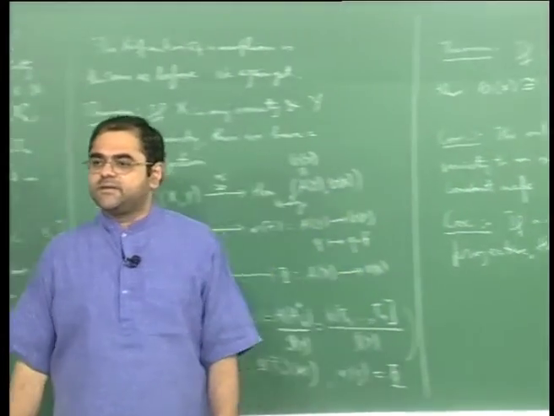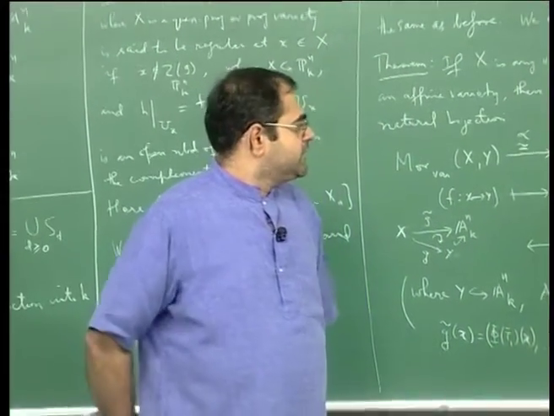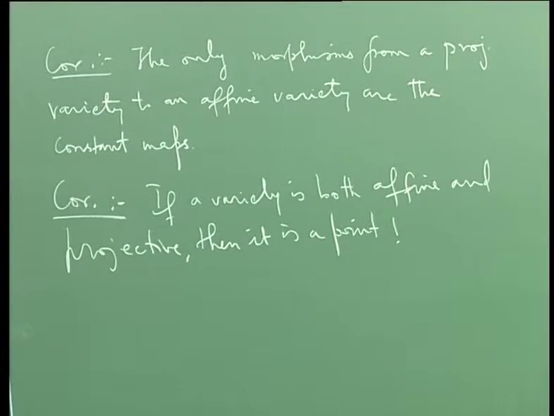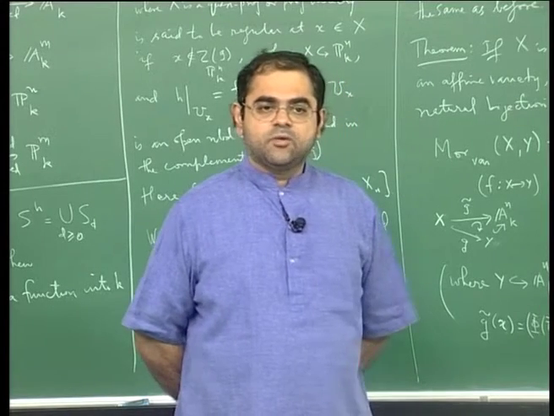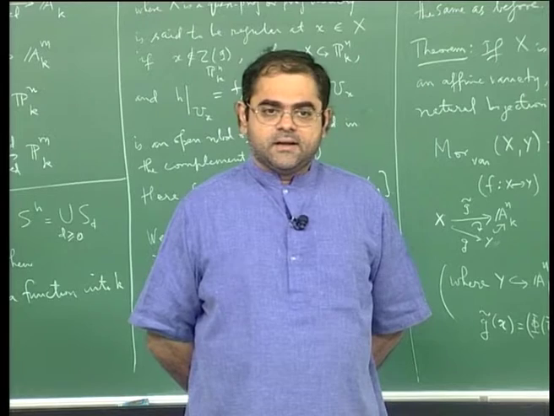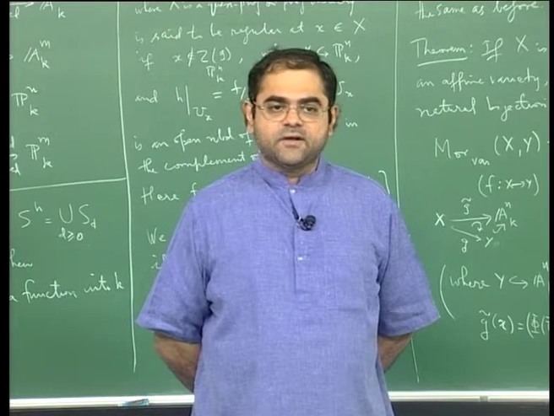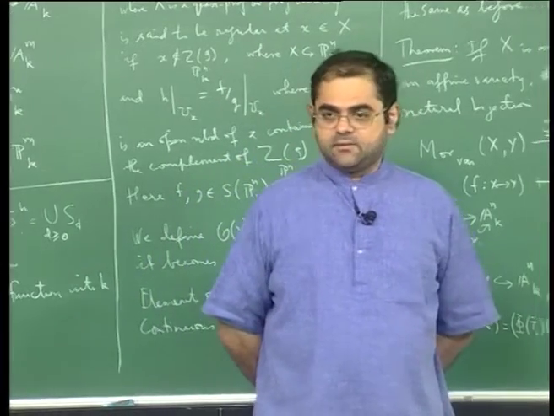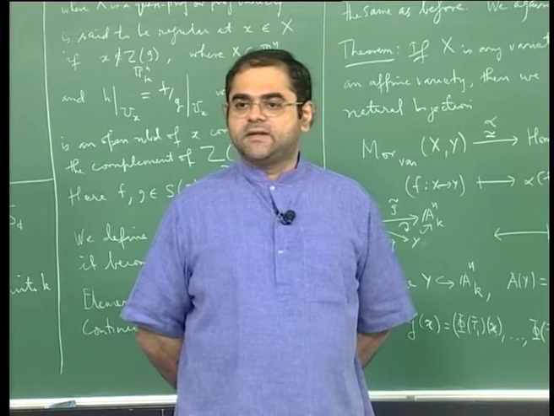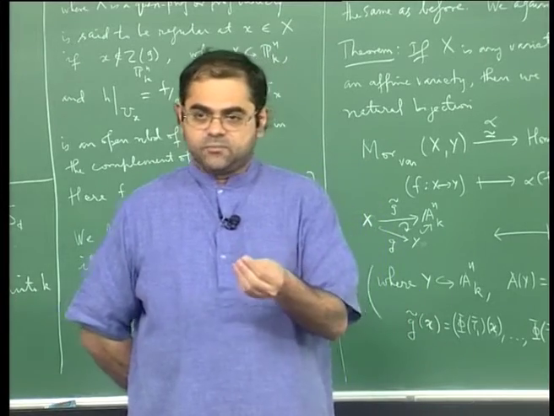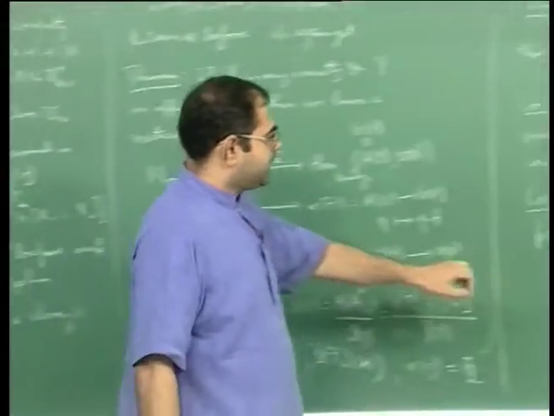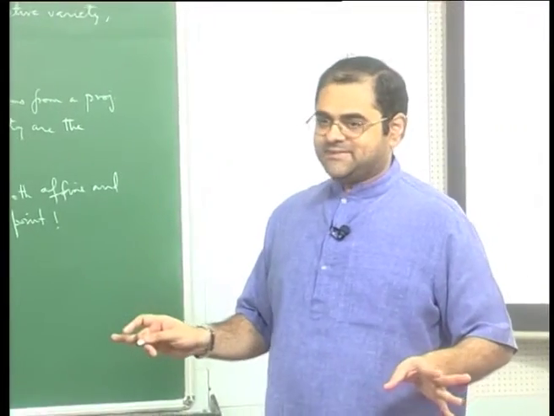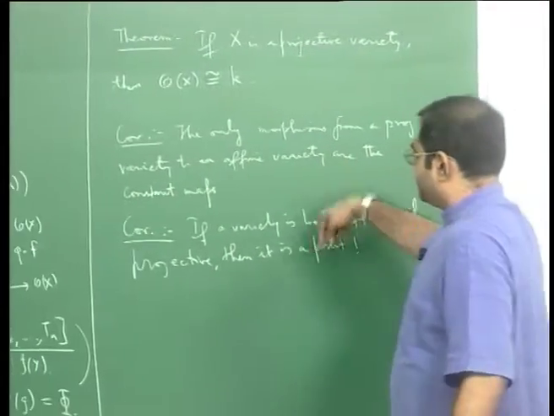You can easily realize this, because if the variety is projective then its global regular functions are just constants, and if it is affine then the ring of regular functions is just the constants. For what affine varieties will the ring of regular functions be constants? Only singletons, which consist of points. So if you put the condition affine and projective on a variety, you are reducing it to a point.